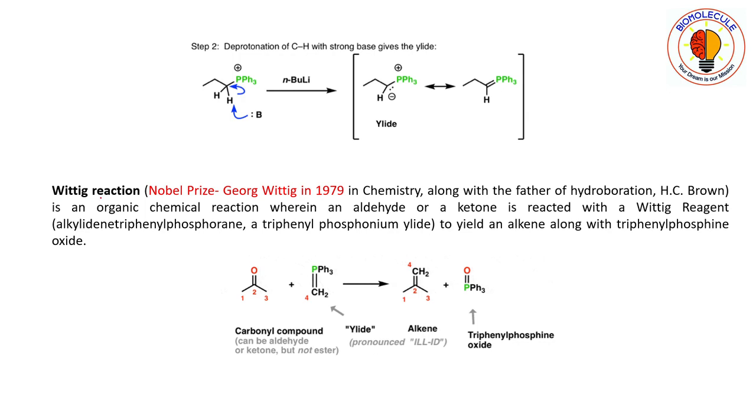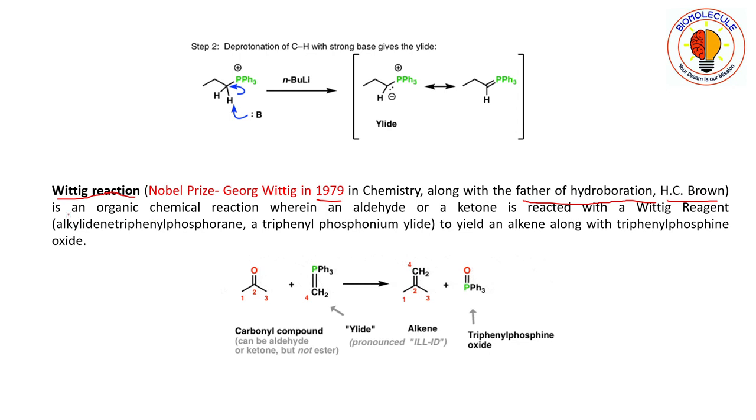Now this Wittig reaction, Sir Wittig got the Nobel Prize because of this reaction in 1979, along with the father of hydroboration, H.C. Brown.